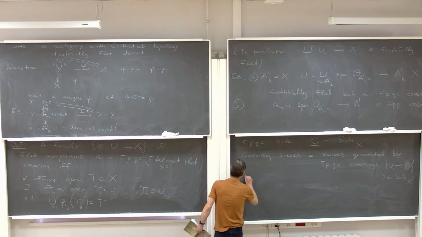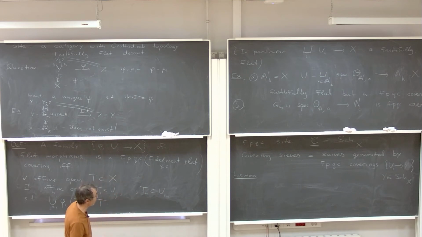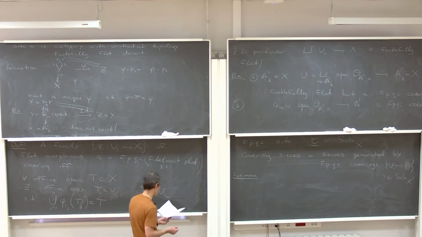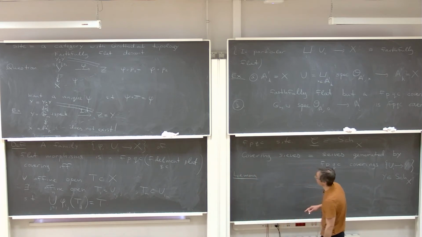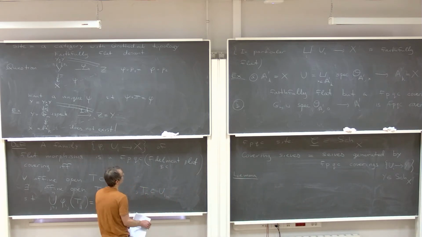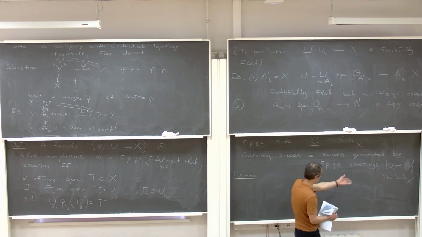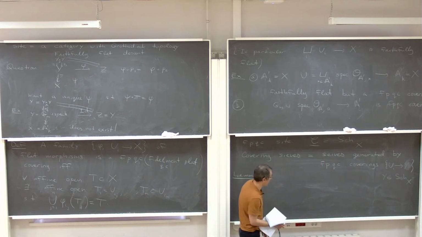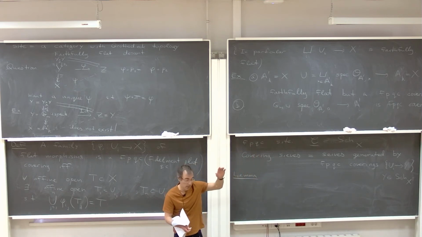Once we have a site, a category with a Grothendieck topology, we can talk about sheaves, sheaves of sets or sheaves of abelian groups. A sheaf is in particular a presheaf, so it's a functor from the category of schemes over X to sets that satisfies a certain sheaf condition. I will tell you explicitly what this sheaf condition is.